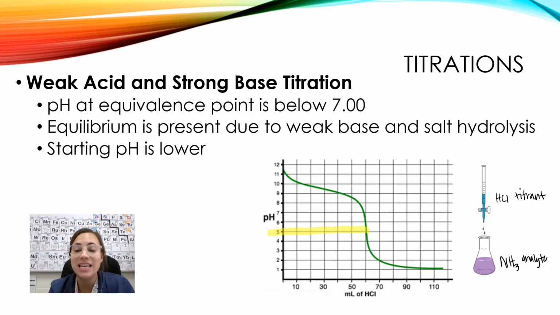So we're going to have an acidic pH at the equivalence point. Just like in the last one, we are going to have equilibriums occurring because we don't have 100% ionization, and then we do have that conjugate that can hydrolyze with water. And then finally, our starting pH is going to be a little bit lower than it would be if we were starting with a strong base.